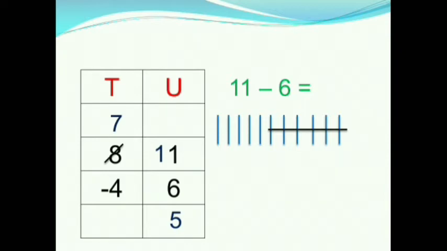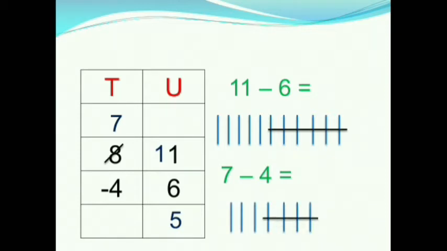Which digits are there in the tens place? The digits in the tens place are 7 and 4. I have drawn 7 lines and cut 4 lines. Now how many lines are remaining? 1, 2, 3. 3 lines are remaining. Write 3 in tens place. Therefore 81 minus 46 is equal to 35.